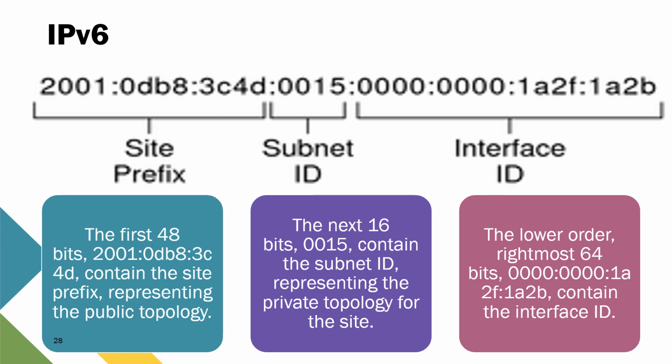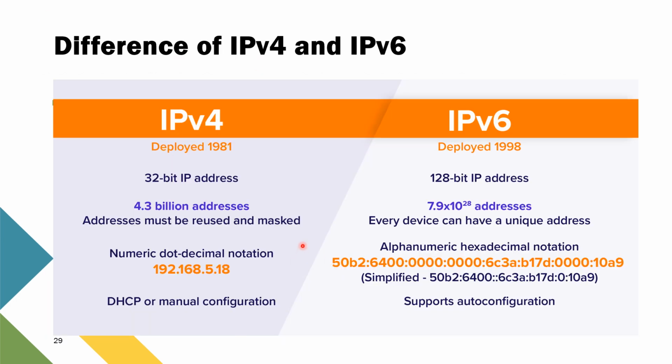Okay, so let's see the difference between IPv4 and IPv6. The first one is, as we know, IPv4 is the earliest version of the IP. It was deployed in 1981, while IPv6 was deployed in 1998.